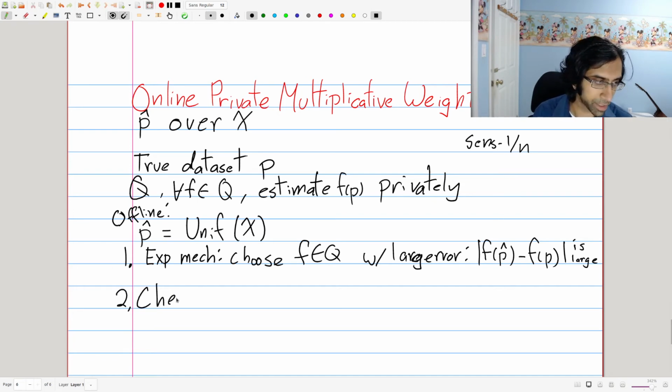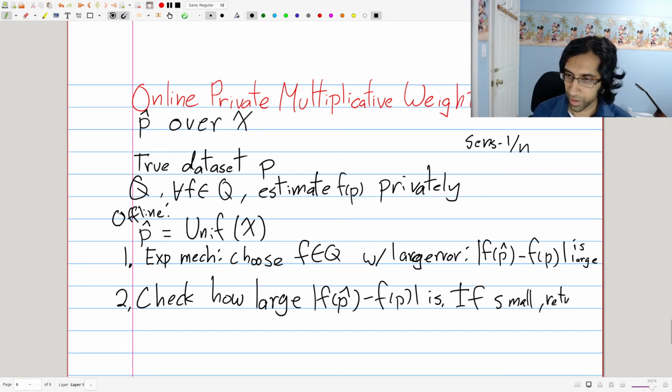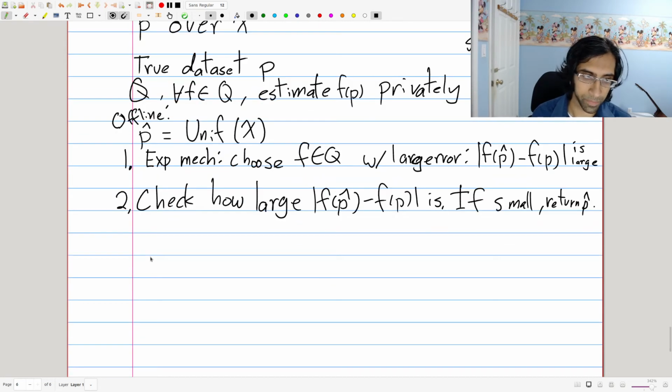Then the second thing we did was check how large f on p hat minus f on p is. If it's small, say less than alpha, then return p hat, because we've answered all of the queries simultaneously to be accurate.